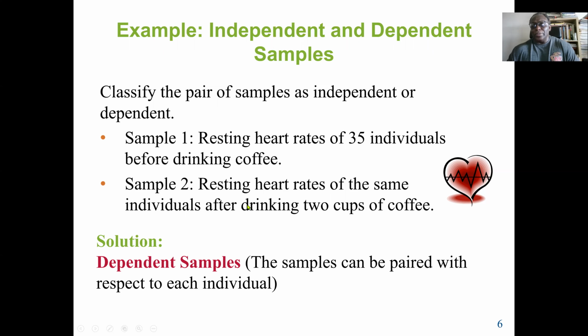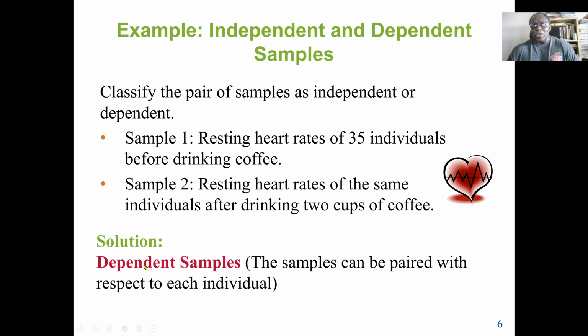They are related because they are the same members. The first sample is the resting heart rate of 35 individuals before drinking coffee. The second is the resting heart rate of the same individuals after drinking 2 cups of coffee.